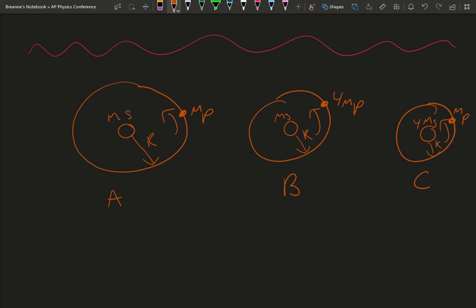A. The gravitational force exerted on planet A by star A has a magnitude of force naught. Determine the magnitude of the gravitational forces exerted in system B and system C. So we're looking for the magnitude.